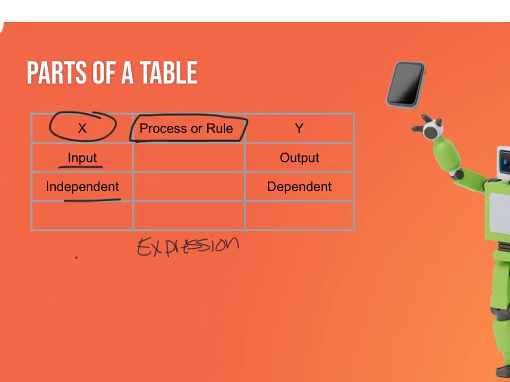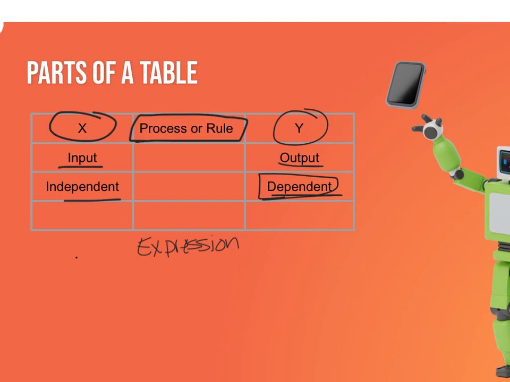And then, of course, you have your y, which is your output, which, of course, you know, your x and y have a relationship, right? Your input, and then your y is your output. The x is your independent, and your y your dependent. This number here that you get on a table depends on whatever happens in my input. Depends on my x value. If I input an x into my table, I'm going to get a certain y.